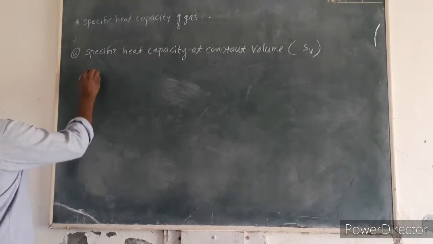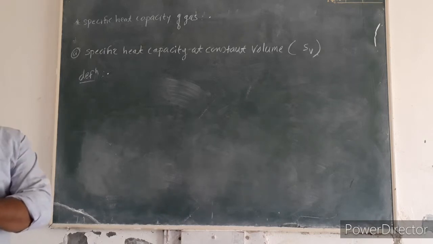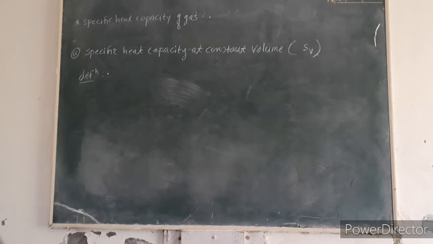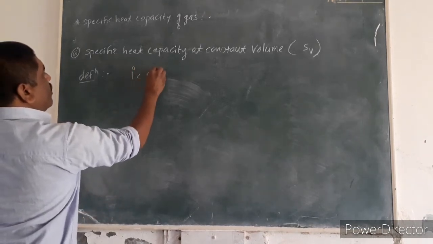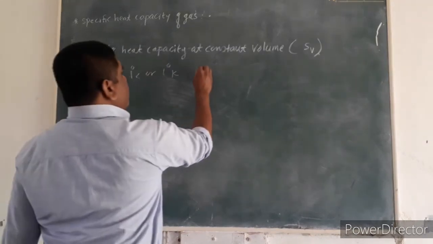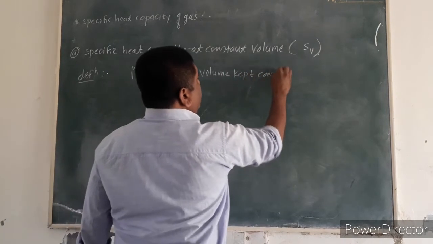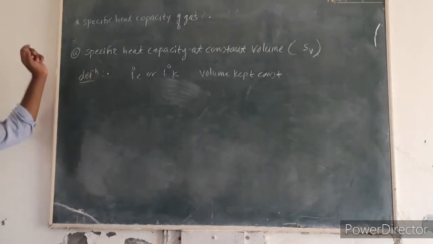And this specific heat capacity can be defined as the amount of heat absorbed, gained or released for the rise or fall of temperature of unit mass of the gas through 1 degree Celsius or 1 degree Kelvin if volume is kept constant is called specific heat capacity at constant volume.